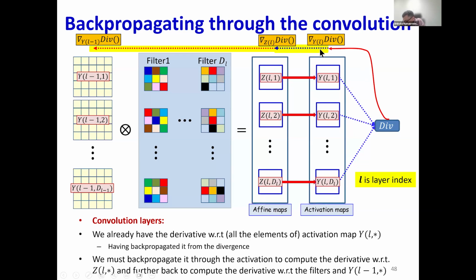And we must go backwards from there and first compute the derivatives for the affine maps. And then from those, you must continue backwards and compute the derivatives for the elements in the previous layer maps, and also the derivatives for the filters. So this is what we're going to have to do.